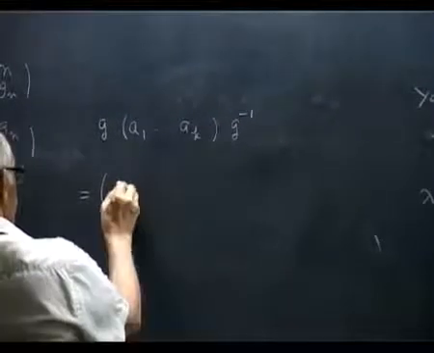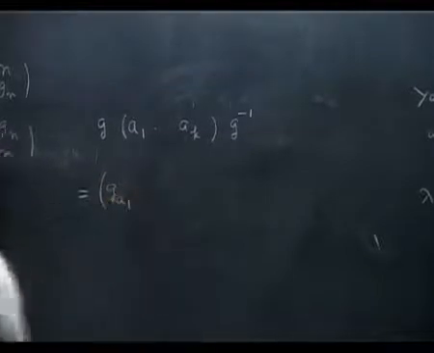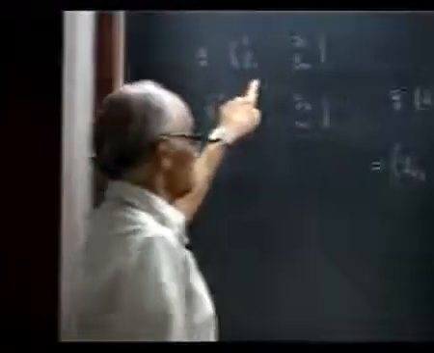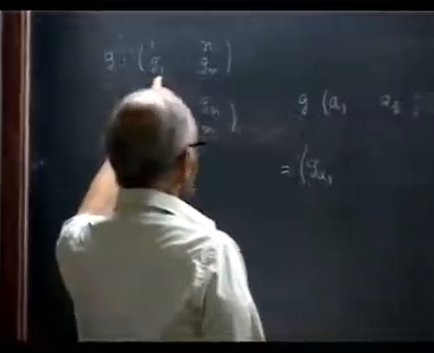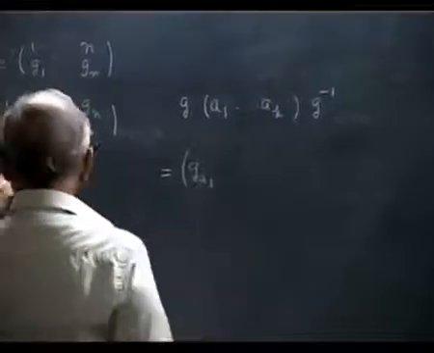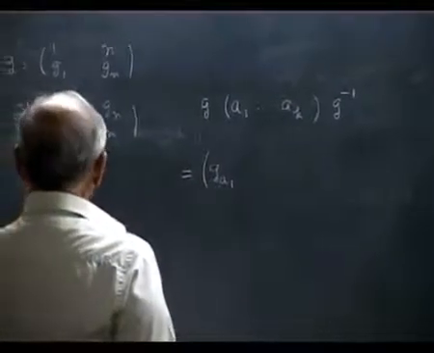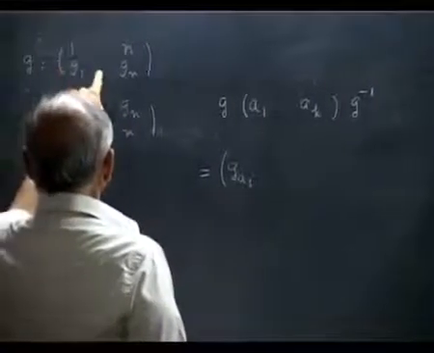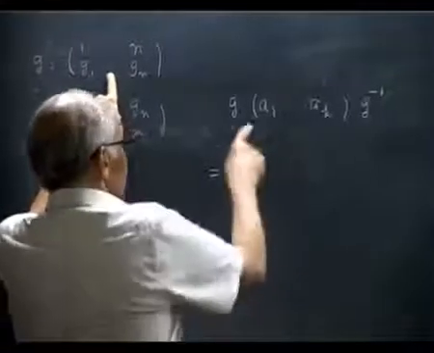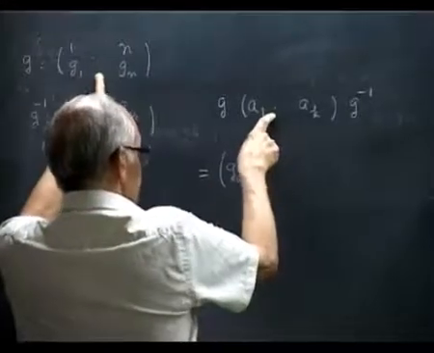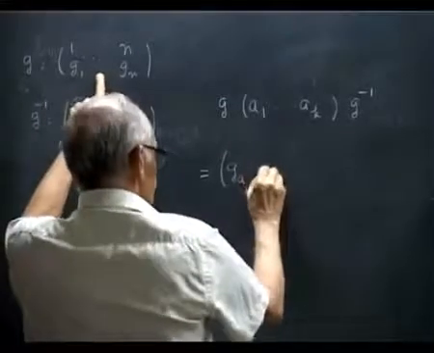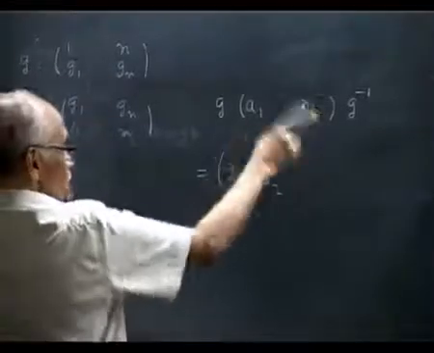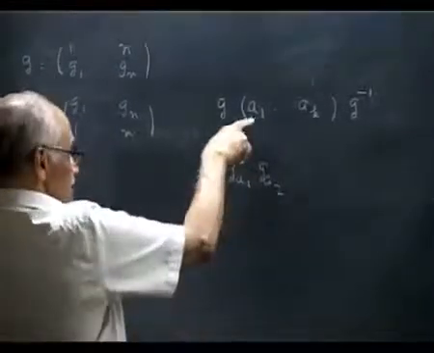So g a1 goes to a1, and a1 goes to a2, then a2 goes to g a2. I know that this one takes a1 to a2.